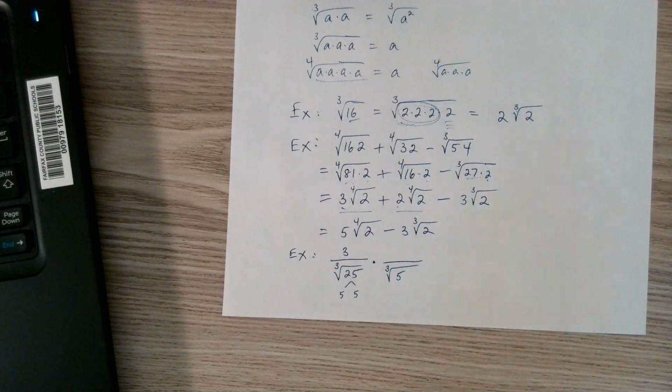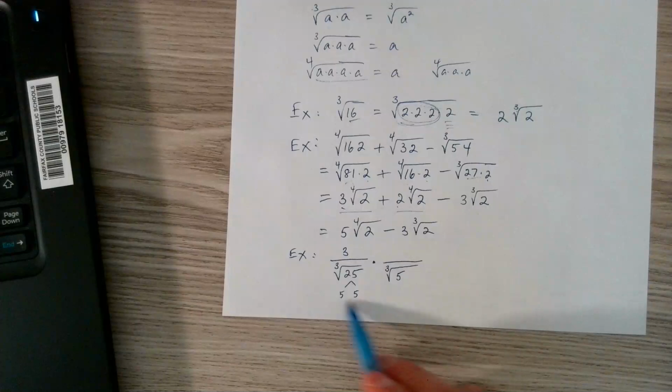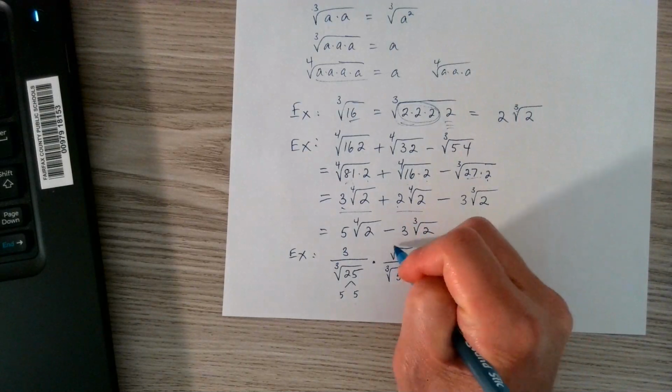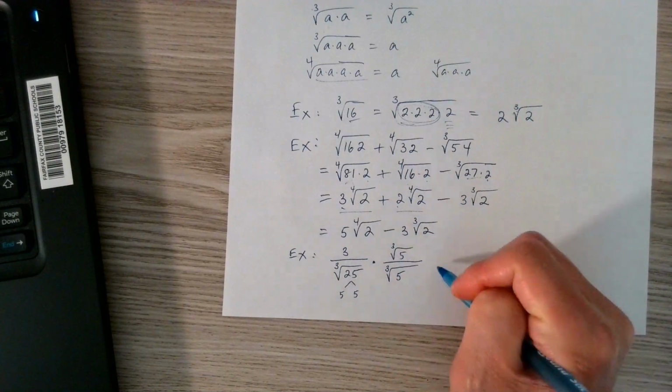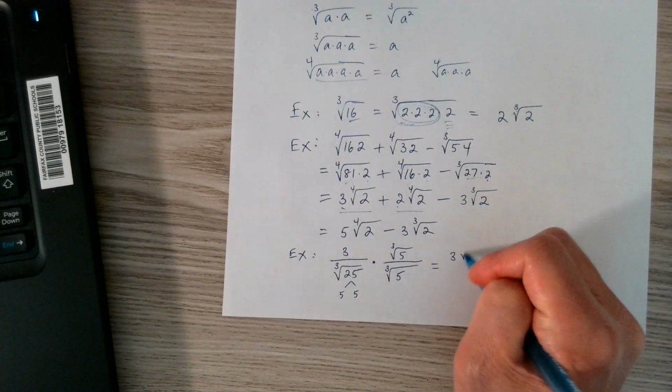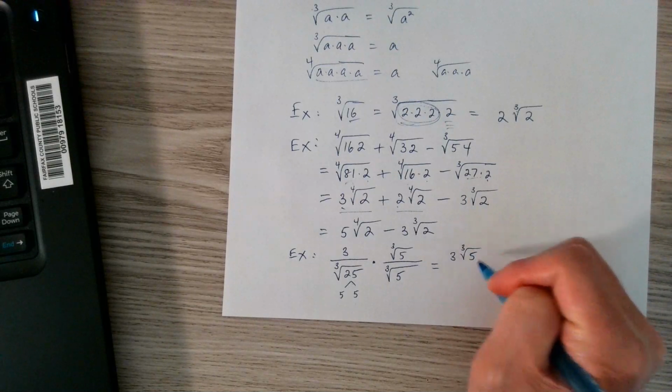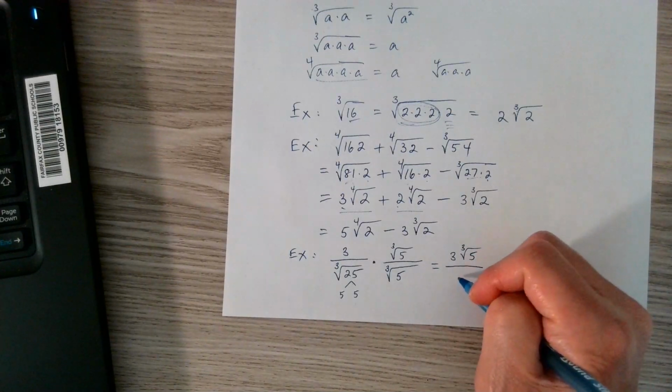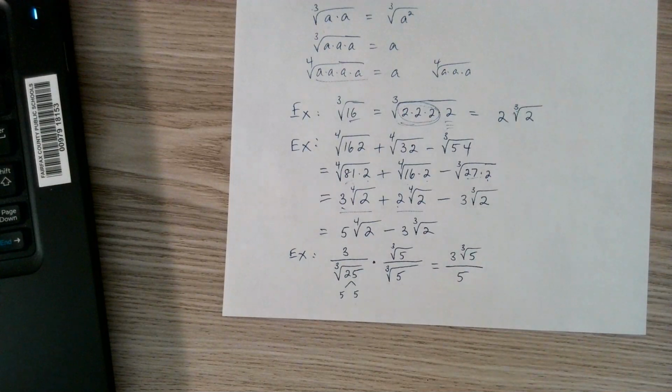That'll do it. I have the 2 5's from here, and then I have a third 5 here. That's going to be 125, and we can find the cube root of 125. We know it's 5. Numerator, same thing. Denominator, 5. So the denominator has been rationalized.